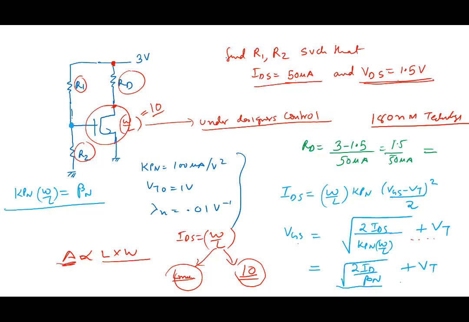The first term I think turns out to be 0.3, and VT is 1. So what we need to do is apply a VGS equal to 1.3 volt roughly. I need to apply a VGS of 1.3 volt.